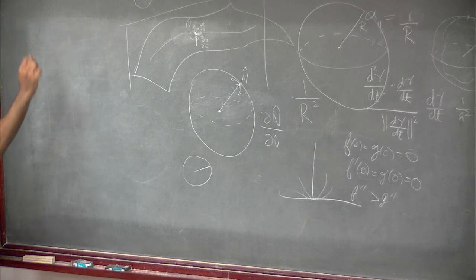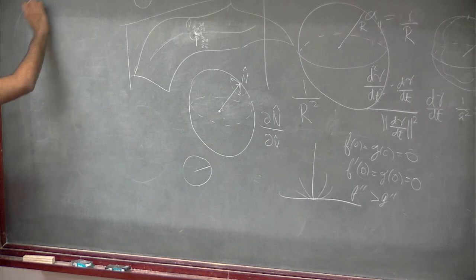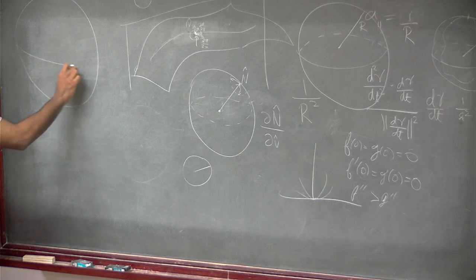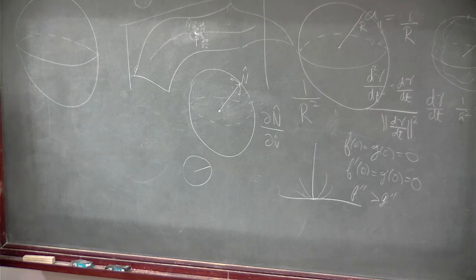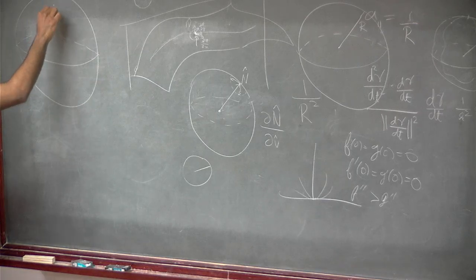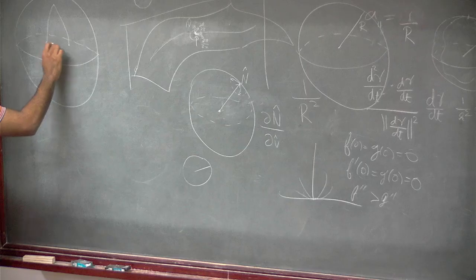So let me just introduce this. If I have a sphere and I take a triangle on that sphere, I can't just take any three points and draw any curves between them. The sides of this triangle have to be what are called geodesics.